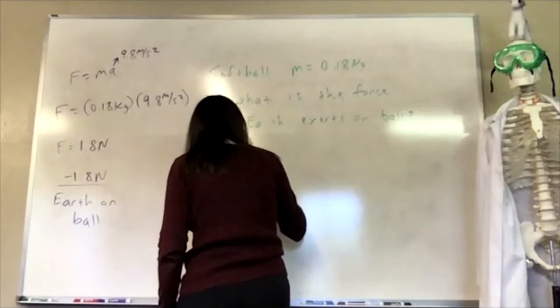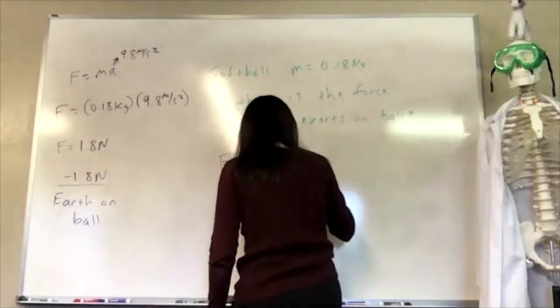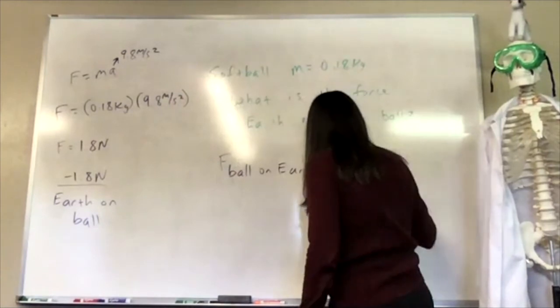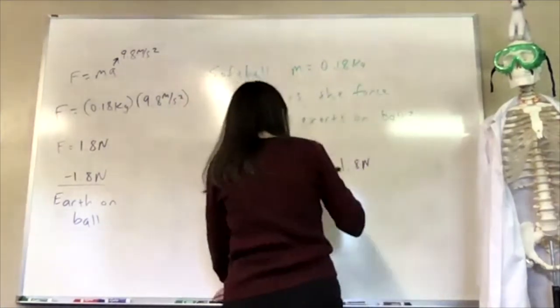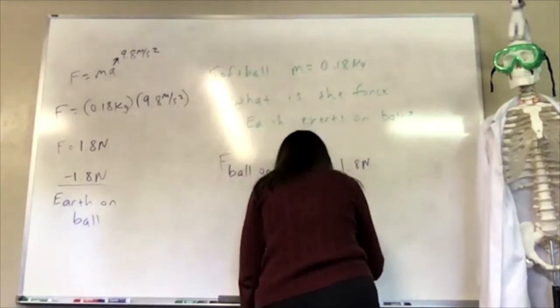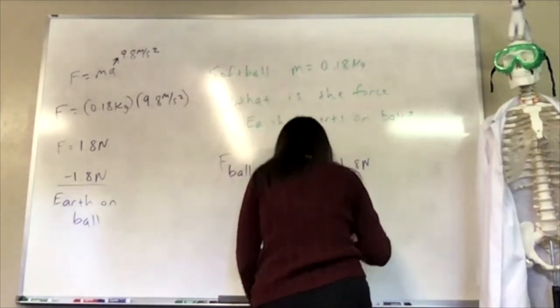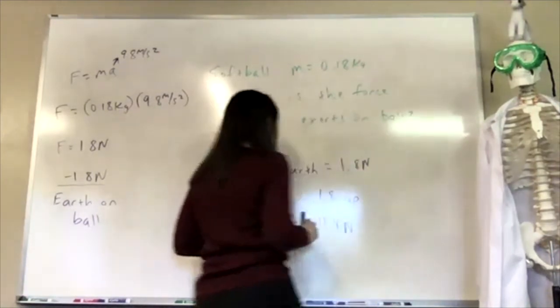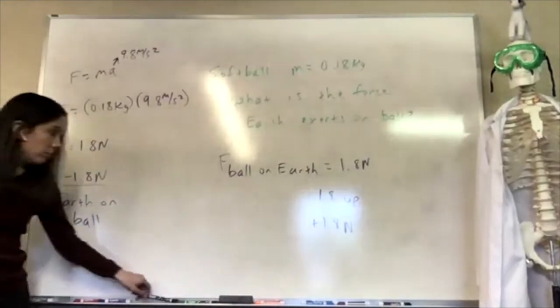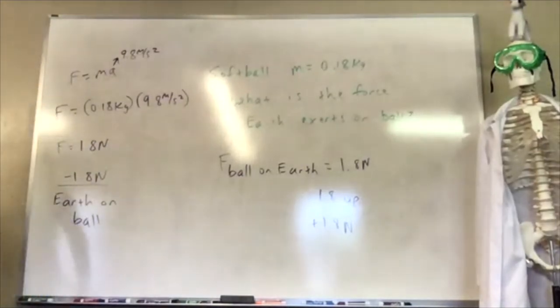So the force of the ball on Earth is an upward force of 1.8 newtons. So we can say 1.8 newtons, we can say 1.8 upward, or positive 1.8. Those all mean the same thing. But we need to include direction when we talk about force. Any questions about that?